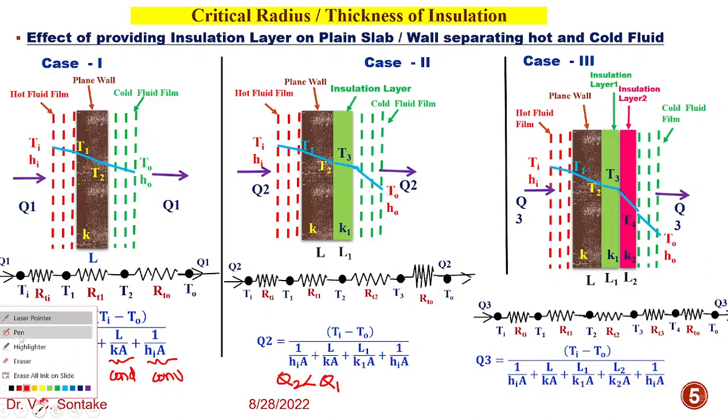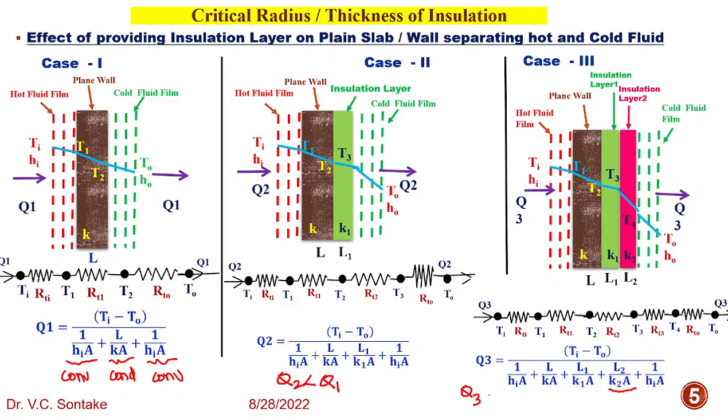Once again, a point worth mentioning: with the addition of a second layer of insulation, an additional conductive thermal resistance is added in the denominator, and because of this, heat transfer rate Q3 in case 3 will be less than heat transfer rate in case 2, which is less than heat transfer rate in case 1.